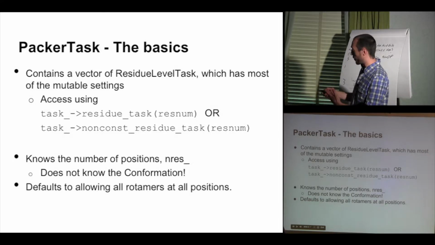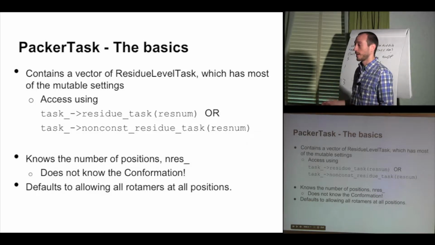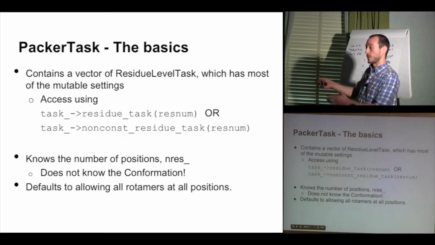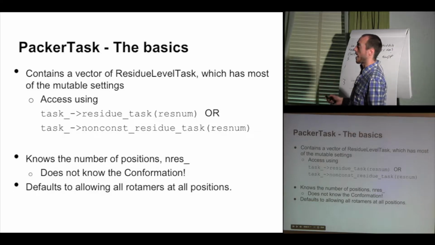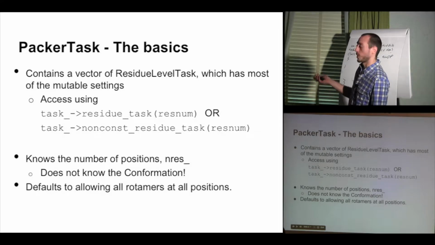This is useful information to control the PackerTask. So you can say, like, pack the neighbors of some residue X. The PackerTask doesn't have this information directly, so in order to configure the PackerTask with knowledge of that information, you need access to both of those, and the task operation class does. We'll talk about that in a little more detail.